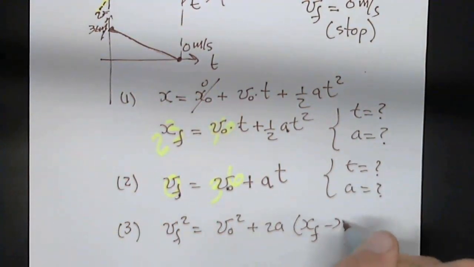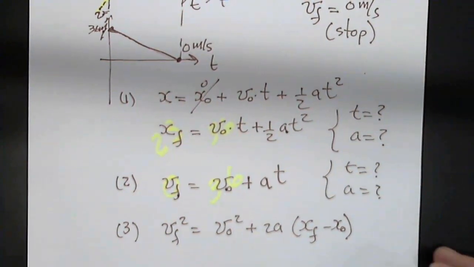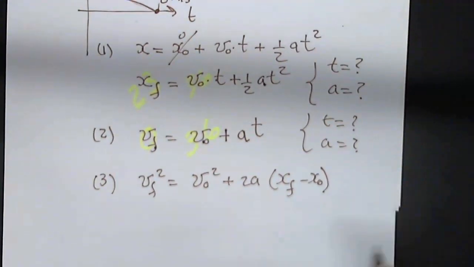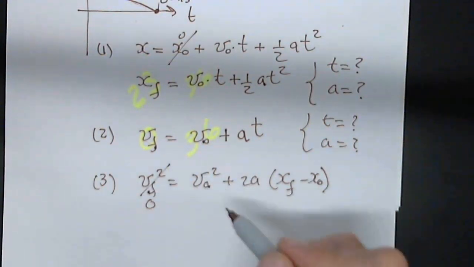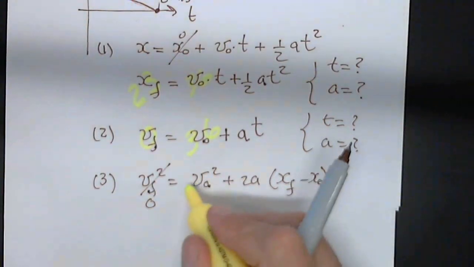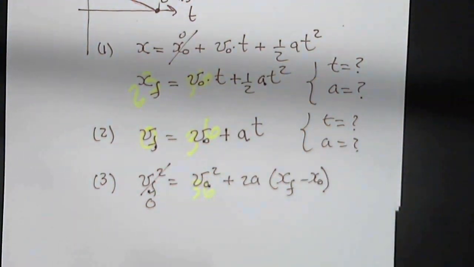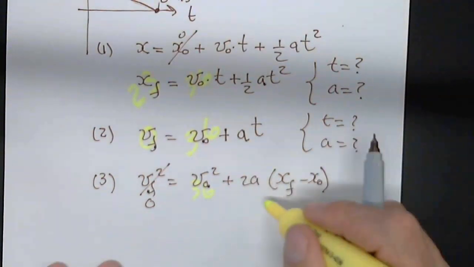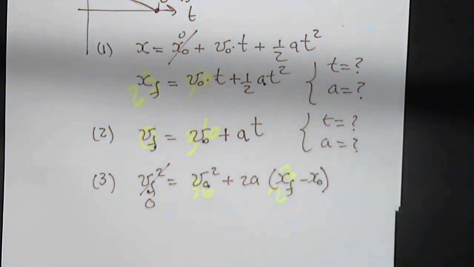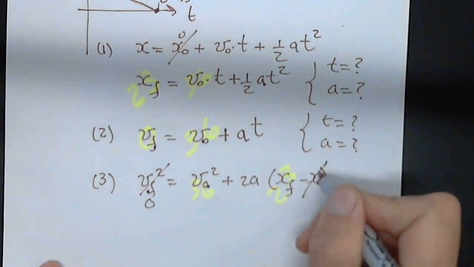(xf minus x naught). As you can see in this one, I know the final velocity, 0. So this is 0. The initial velocity is given, 36. This is 36. And the final position is 23. And the initial position, I set it up to be 0.